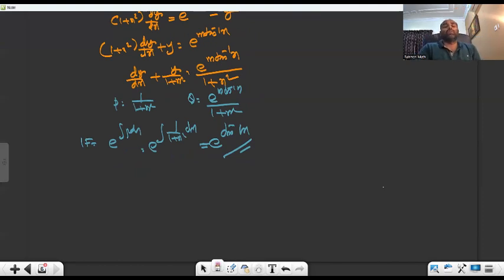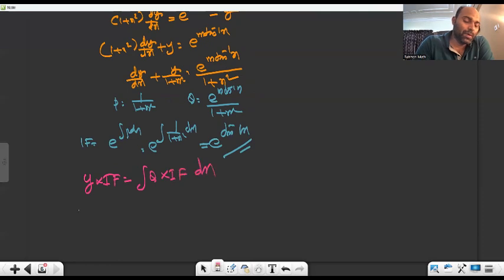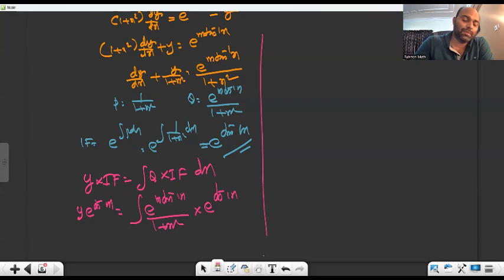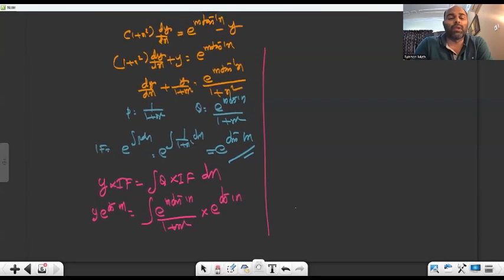Now we know that y into IF equals integral of Q into IF. So y e raised to tan inverse x equals integral of e raised to m tan inverse x by 1 plus x square into e raised to tan inverse x. Anybody have any problem, let me know.